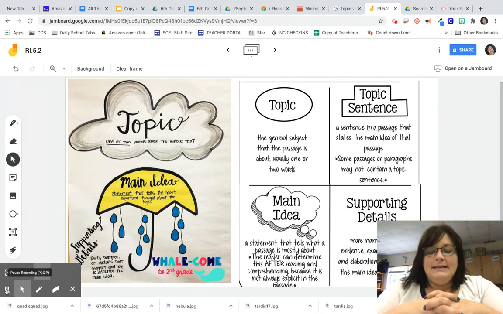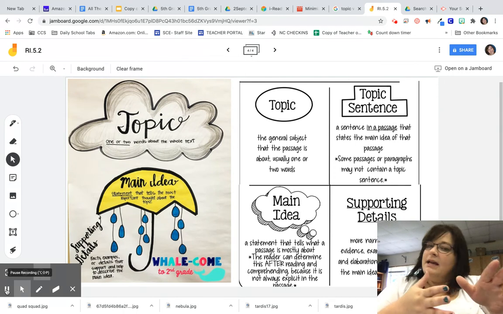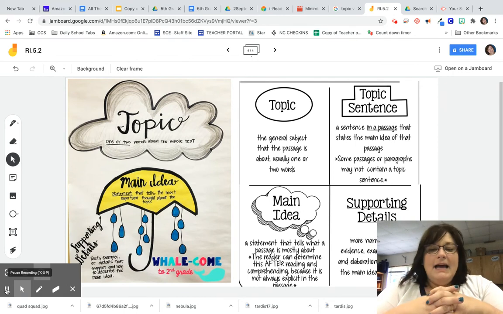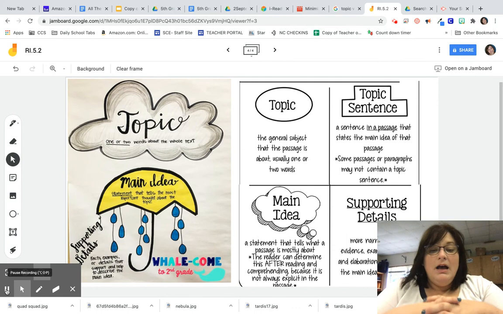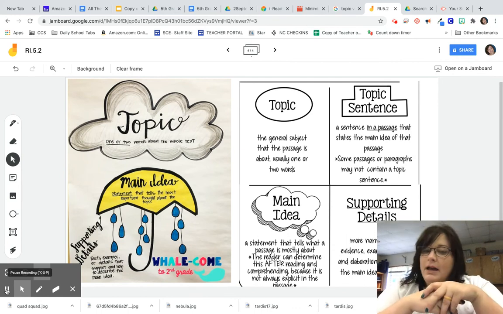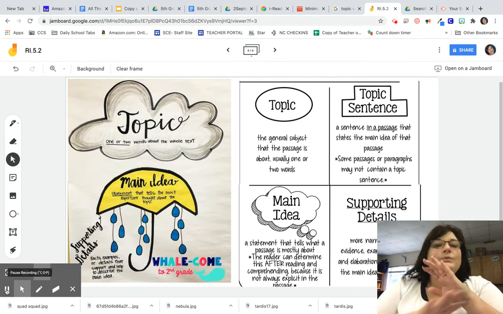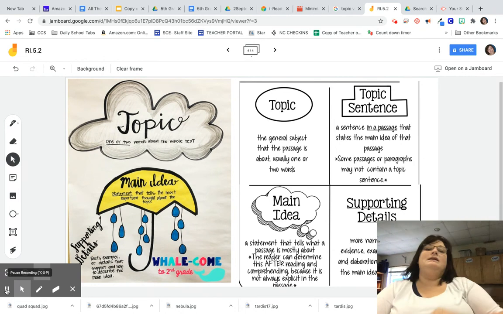Moving on to main idea below. Just like on the anchor chart, it says it's a statement that tells what the text is mostly about. It says that the reader can determine this after reading and comprehending, because it is not always explicit in the passage. So you can't really skim and scan a passage and be like, oh, the main idea is this.